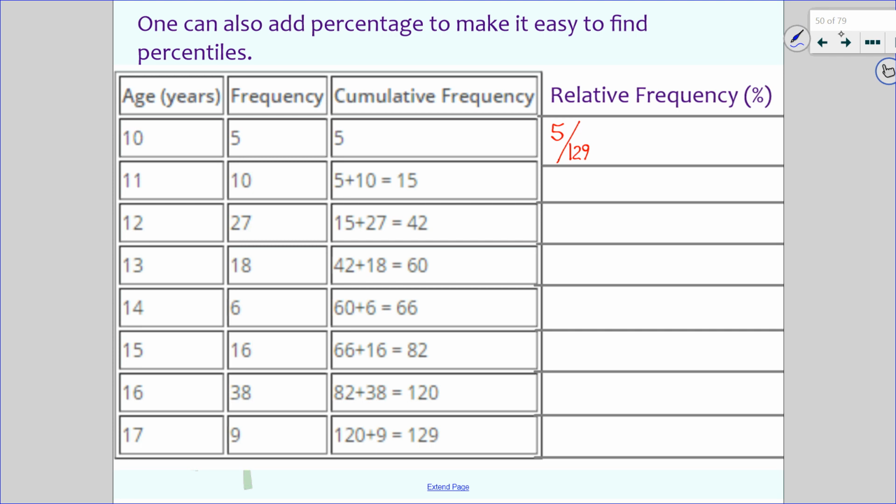So here, you're kind of skipping over the cumulative frequency column for this calculation. And because it's a percent, you're doing per 100.